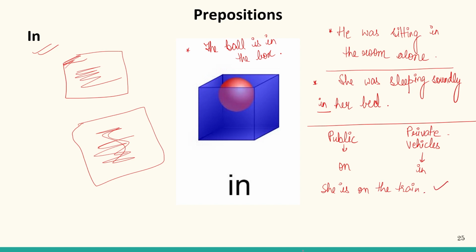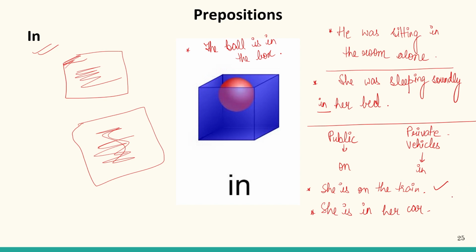She is not in the train because the train is a public vehicle. So I can say I'm on the train, she's on the train. But if I say she is in her car, now this is her private vehicle. So here I can use in.